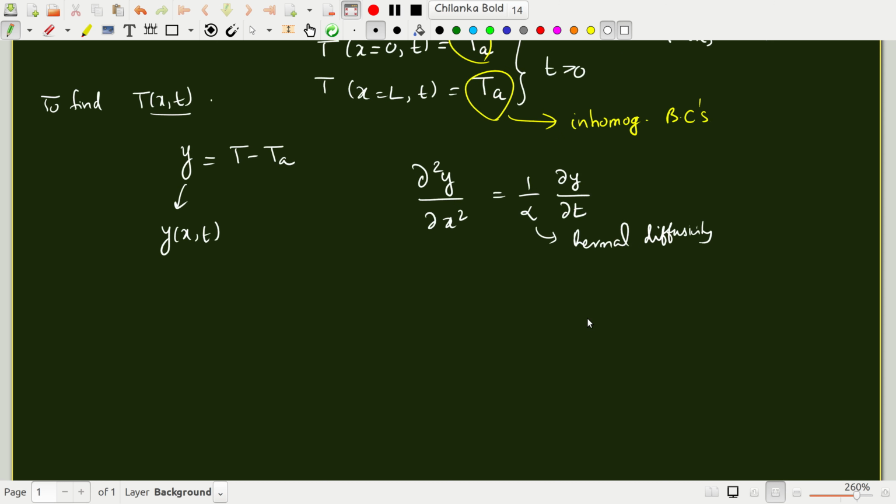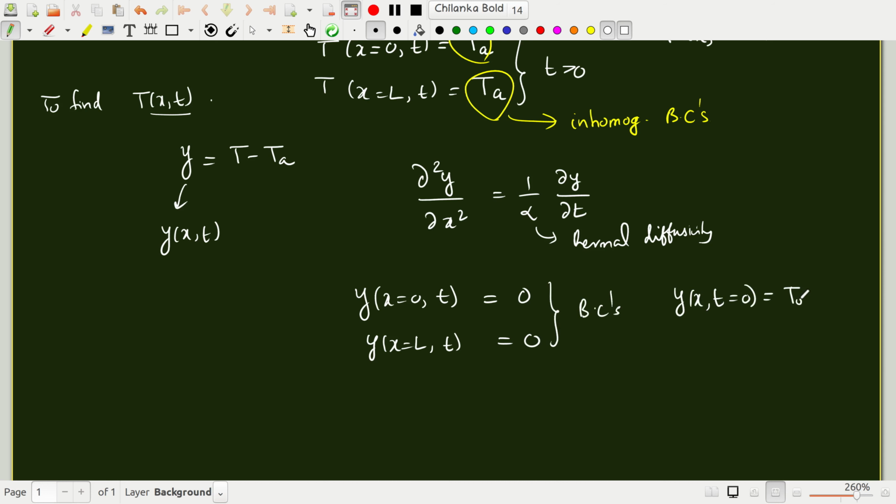The boundary conditions are y at x equal to 0 at all times is 0, and y at x equal to L at all times is 0. The initial condition is y at t equal to 0 is T naught of x minus Ta. Let's just call this y naught of x, for simplicity.